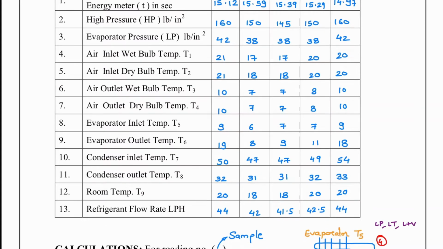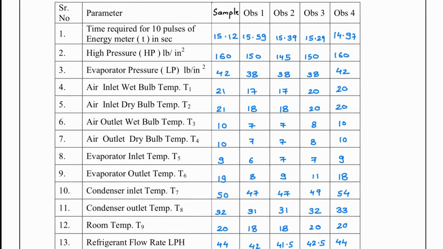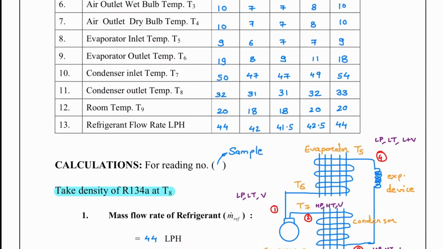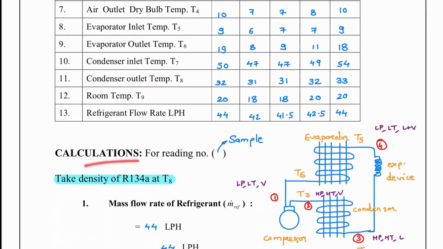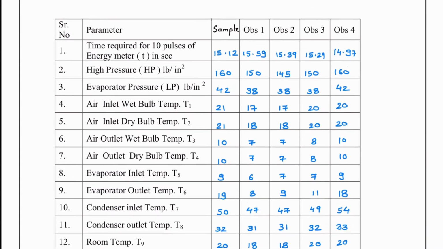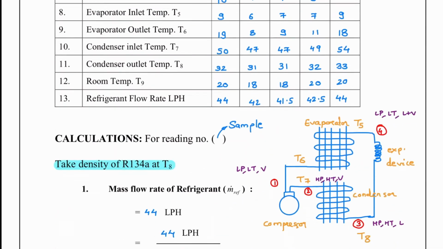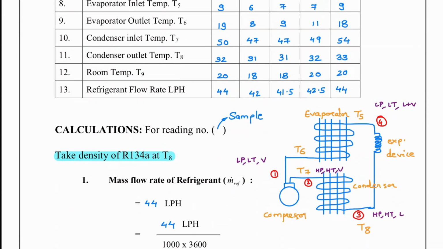Also we had noted down the LPH value of refrigerant, which is R134A. Here sample calculations are shown, so you have to write it like this: calculation for reading number. Whichever reading you are doing calculation for, you have to write down that reading number. If you are doing calculation for 1, here it will be 1 in bracket.